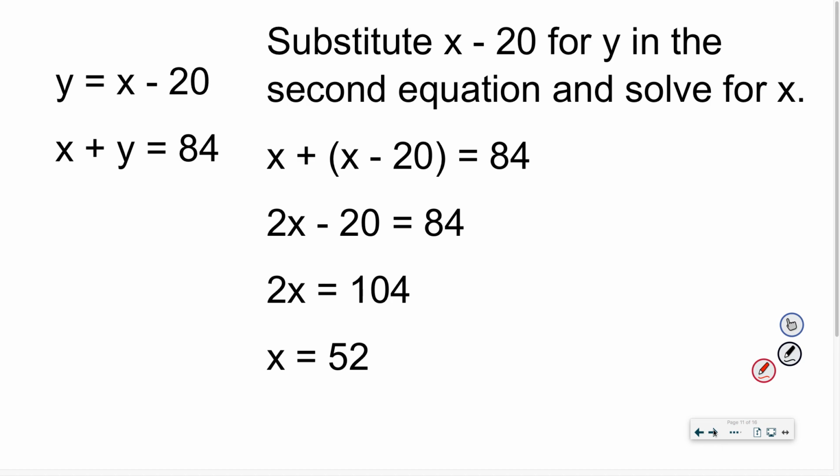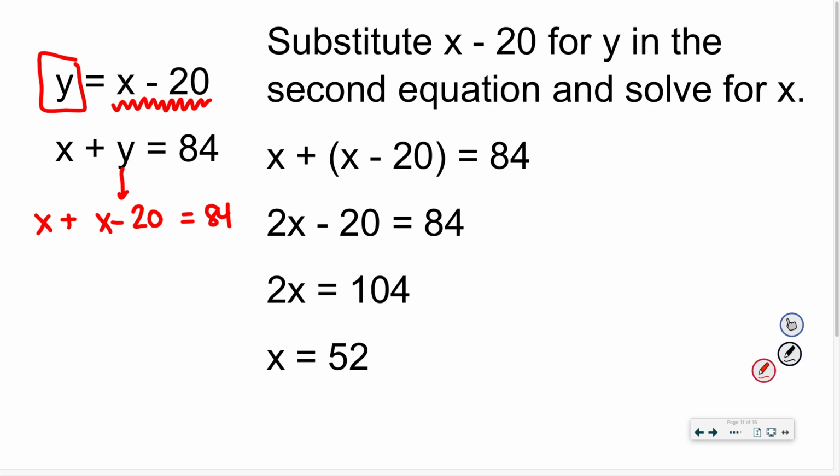So what I know based on this top equation is that the variable y has the same value as x minus 20. So anywhere I see a y, I'm really looking at an x minus 20. So I don't need to work with both variables anymore. I can just take this y and rewrite it as x minus 20, and the rest of the equation stays.